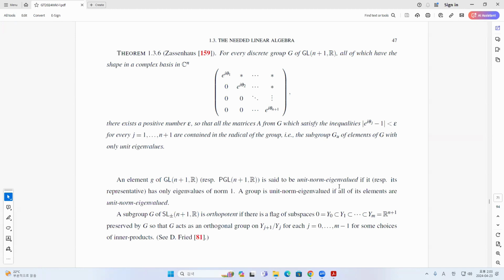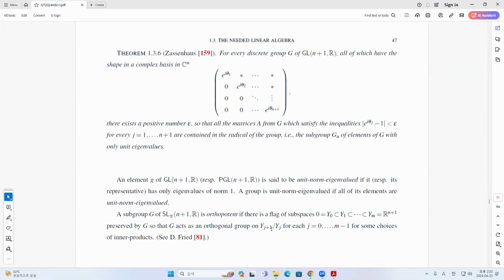So also we want to talk about unit norm eigenvalued elements, if the eigenvalues have only norm one, and so on. The orthopotent group is a group for which there is a fixed flag of subspaces. Flag means that there is a sequence of subspaces whose dimension gets strictly bigger, and if G acts orthogonally, there is always an induced action on these induced subspaces, which are vector subspaces.